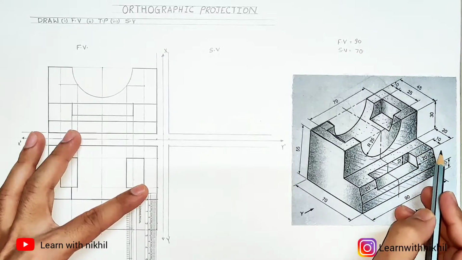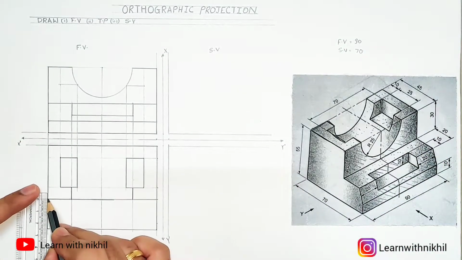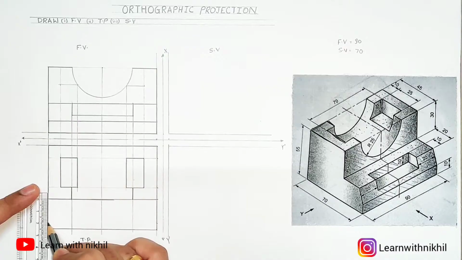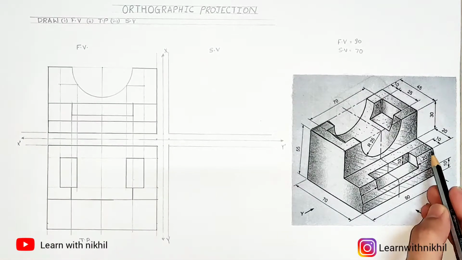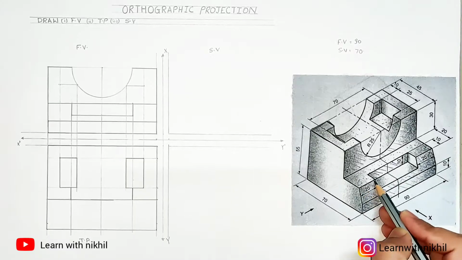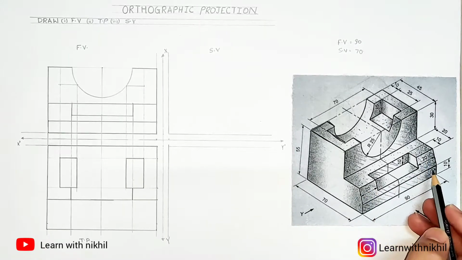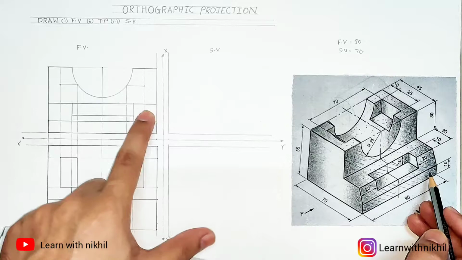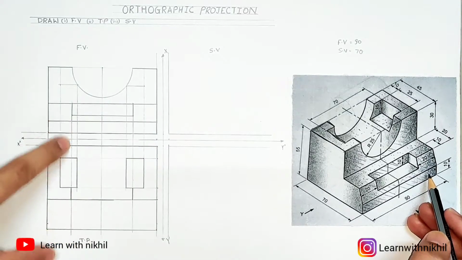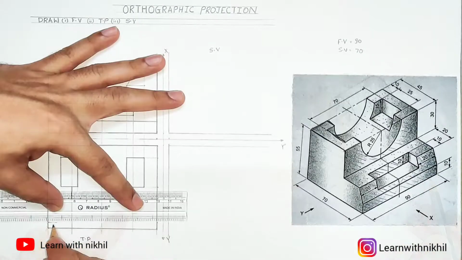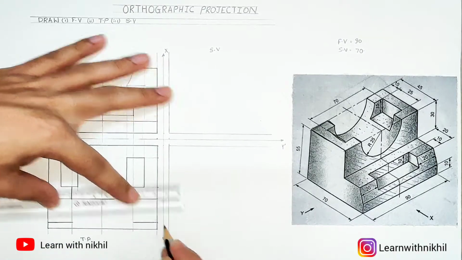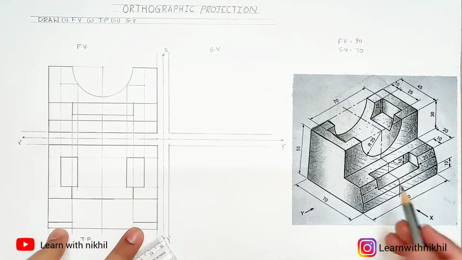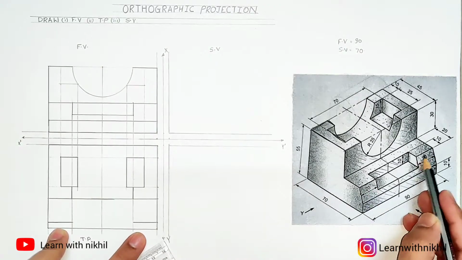This is this line, and from the other side as well, and we'll join both points. This distance is 20 from both sides. So we have already taken the projection of that part from above, from the front view. So we'll extend these points till that projection line.